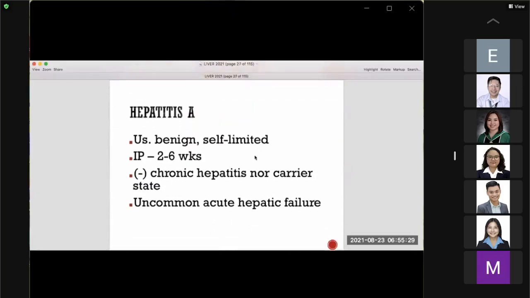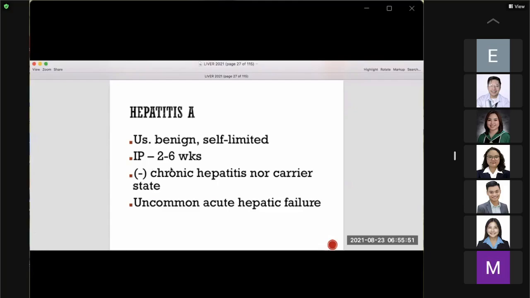Let's first begin with hepatitis A. It usually is a benign process and it's self-limited. Relatively better, of course, than the other hepatitis. The incubation period takes about 2 to 6 weeks.